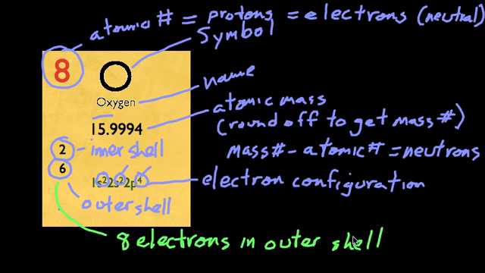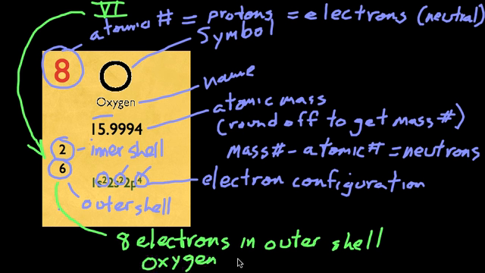So, what we notice about oxygen is that it's in column number 6, Roman numeral 6 on the periodic table, and that 6 goes along with this number 6 right here. And it tells us how many electrons are in the outer shell. So, oxygen needs 2 to become stable. And so oxygen ions have a 2- charge. We write those like this, O2-.